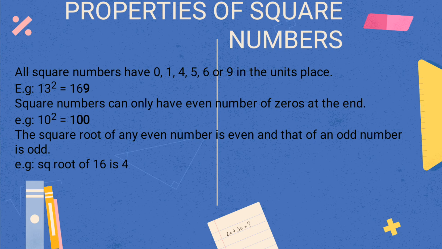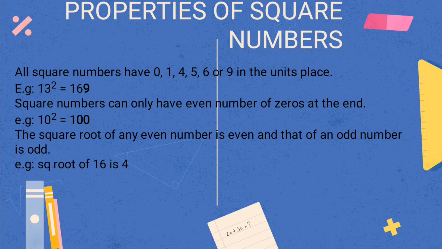Let us consider another example. If we square 15, 15 times 15, that is 225. Again you are getting 5 at units place. So you will always have 0, 1, 4, 5, 6 or 9 in the units place.